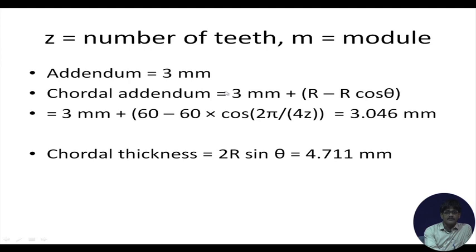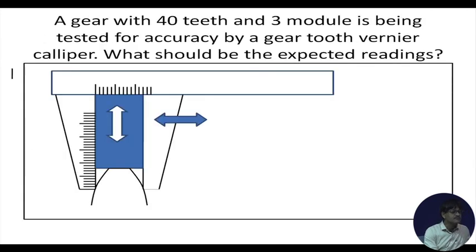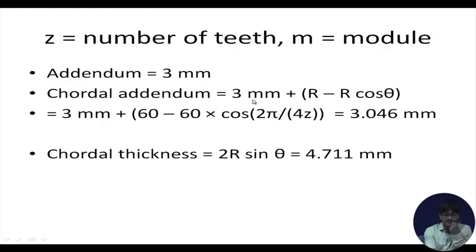We have to decide upon the number of teeth by back calculation. Have I mentioned the dimensions in the previous case? Yes, a gear with 40 teeth and 3 module.